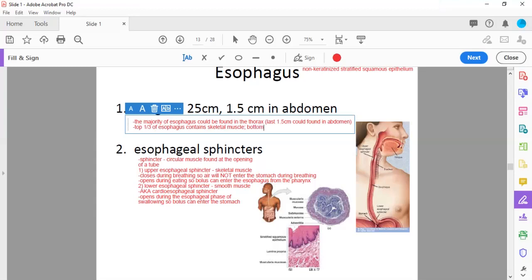The bottom 1/3 contains smooth muscle, while the middle 1/3 is a mixture of both skeletal and smooth muscle.